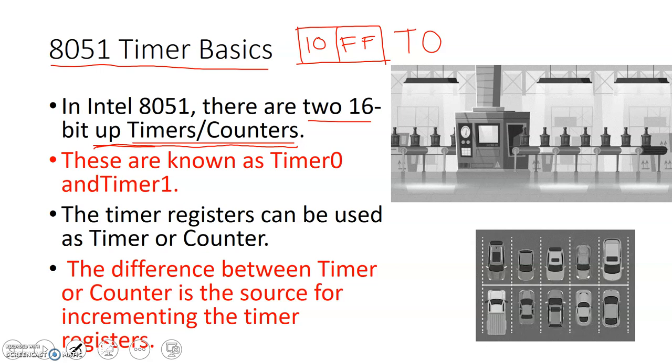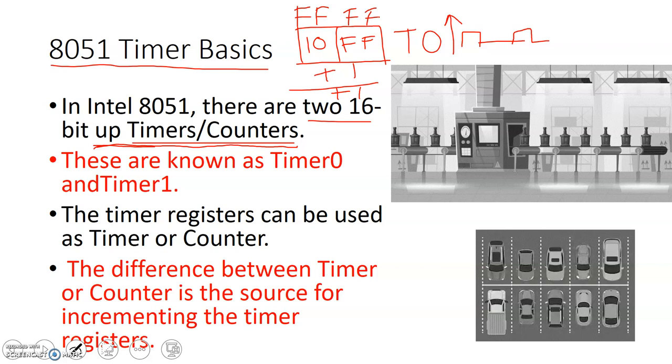Then up counting means the counting starts to move upward. Whenever a pulse comes, the next count will be this plus one, and when the next pulse comes the count will be this plus one, until it reaches the full value of FF. So that is what is meant by up counters. It is not counting down, it's counting up.